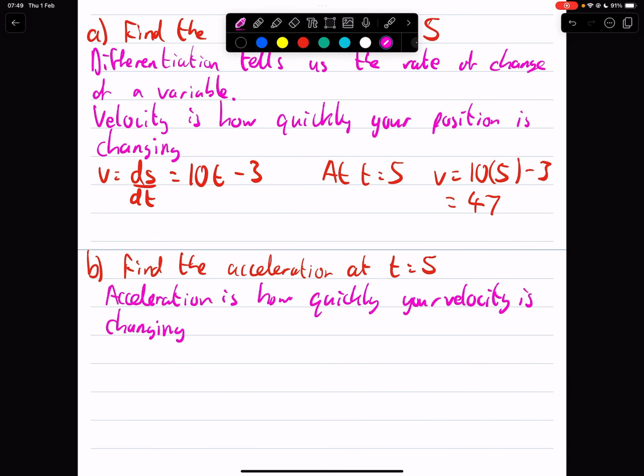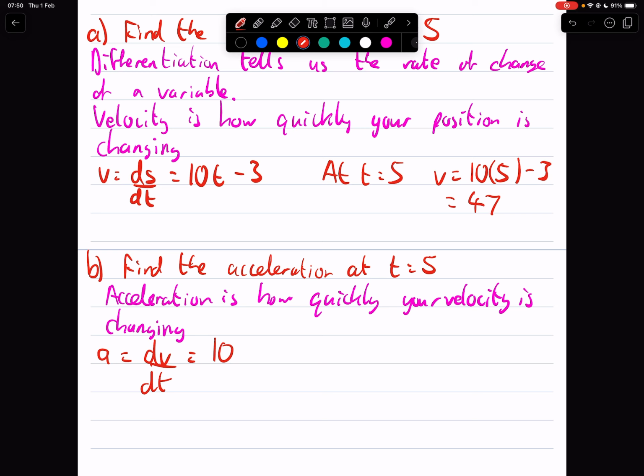So if we differentiate again, acceleration would equal your velocity differentiated, which would mean it's just 10. So in this question, it turns out the acceleration's always 10. So even though on this one it turns out to be the same, we were able to use differentiation.